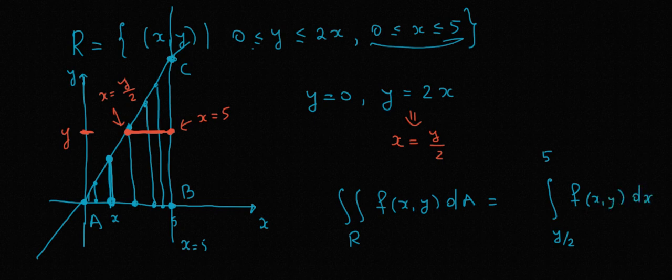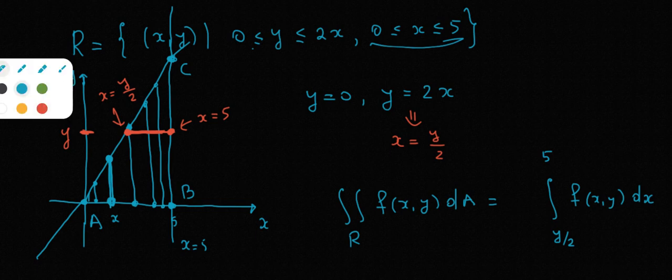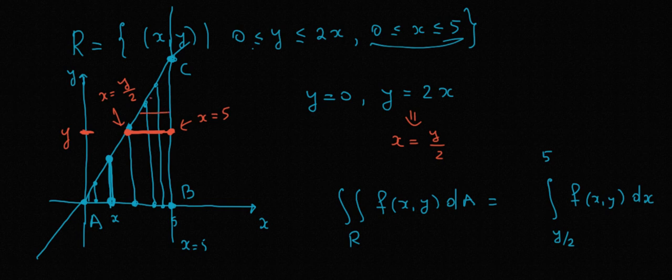This is the integration over x, and then what is the range for y values? Now imagine all these different horizontal cross sections. What are the values of y that are going to give us a non-empty cross section?